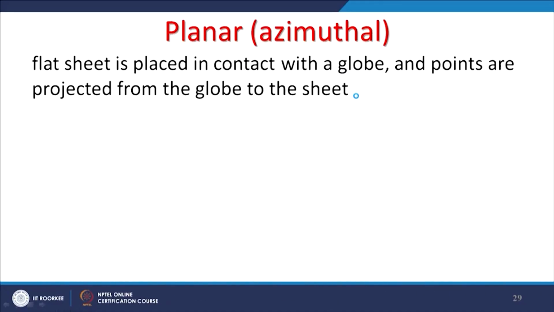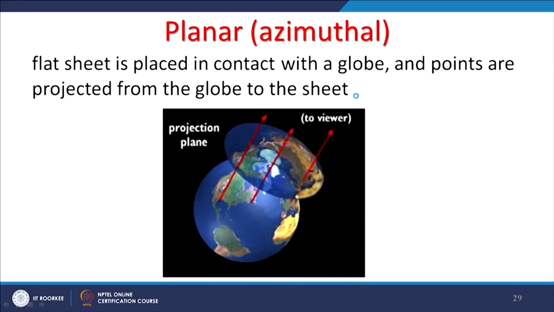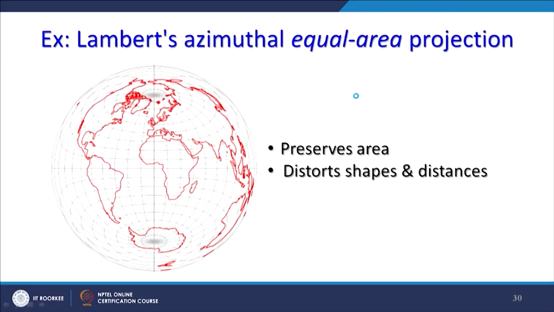Whereas in planar or azimuthal projection, a flat sheet is placed in contact with the globe and points are projected from the globe to the sheet, and likewise you can have a projection like this one. Similarly, the Lambert azimuthal equal area projection preserves the area but distorts shapes and distances.